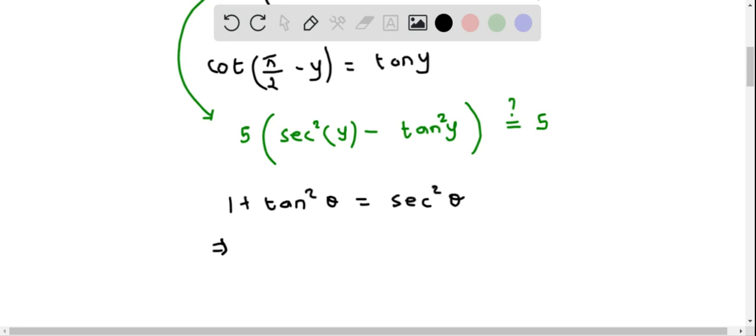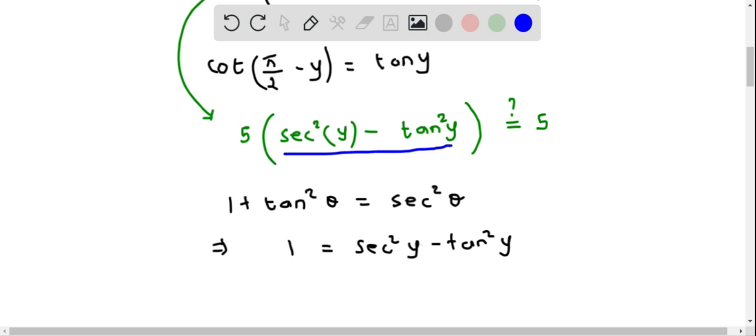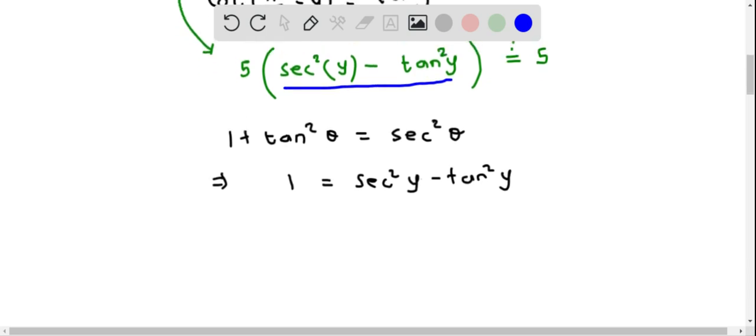And so when we do that, we get 1 on the left side, and this equals secant squared theta minus tangent squared theta. Replacing theta by y, we get 1 equals secant squared y minus tangent squared y. And so we can see from our expression, this can be replaced by 1. That is, secant squared y minus tangent squared y equals 1.